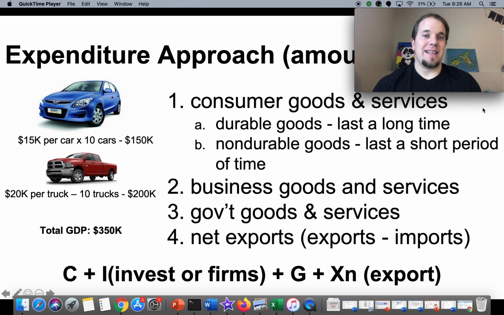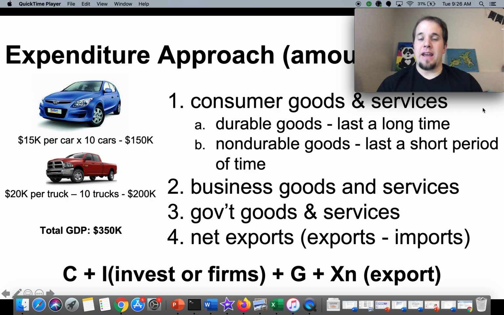And we only sold 10 trucks this year at $20K each, times 10 trucks, we'd be at $200K. Our GDP for this year would be $350,000. This is the expenditure approach. So all the money spent on these vehicles would be the total amount.